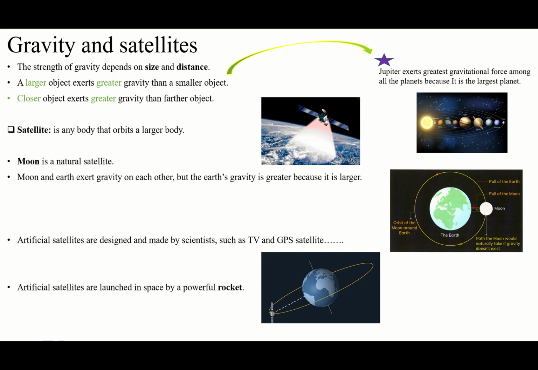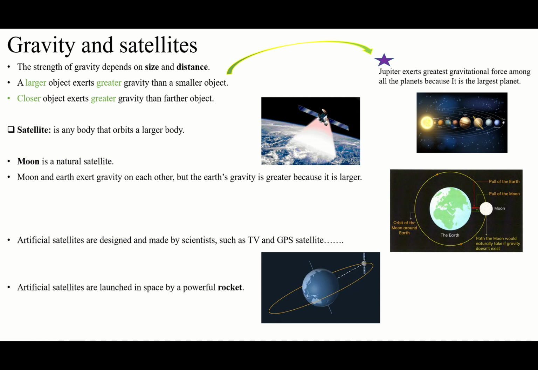If we increase the distance between them, what's going to happen? According to this rule, because the closer object exerts greater gravitational force, the farther one has smaller gravitational force, right? So if we increase the distance, the gravitational force will decrease.